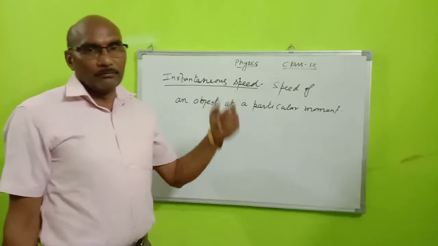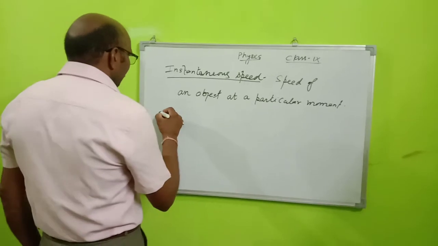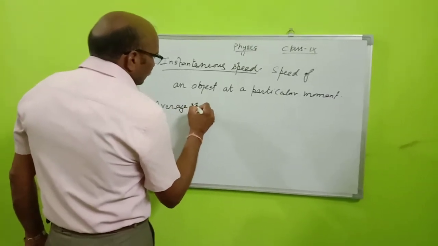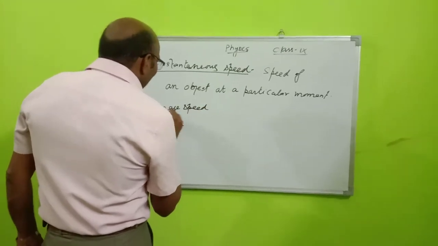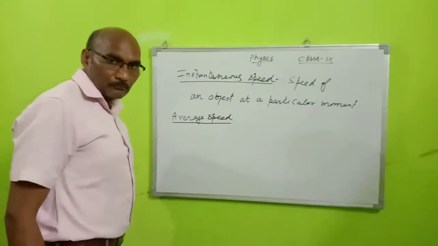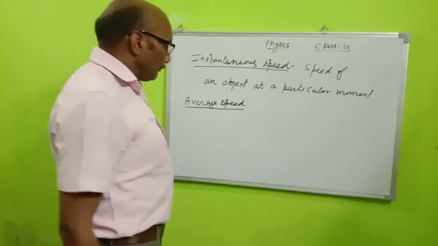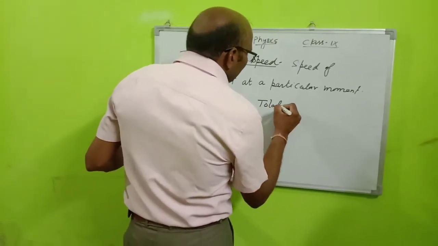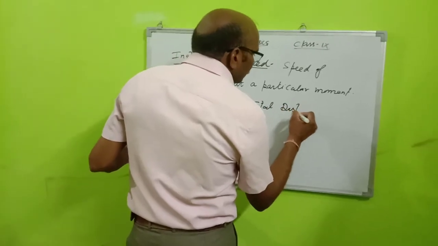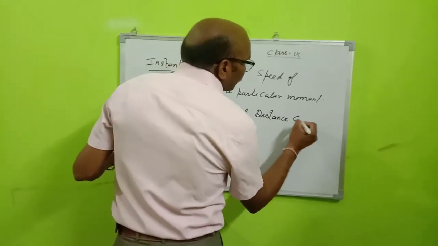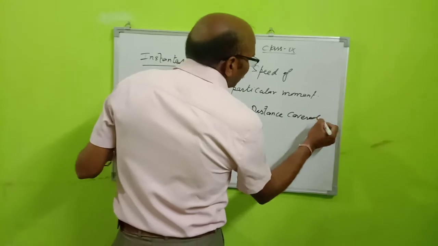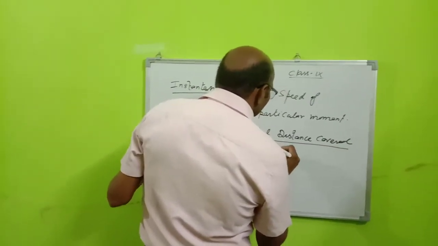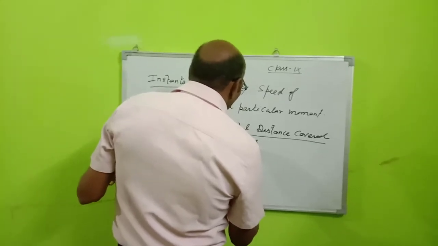Okay. Now average speed. What is average speed? Average speed means total distance covered upon total time taken.